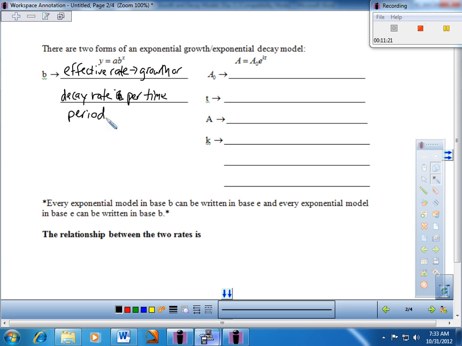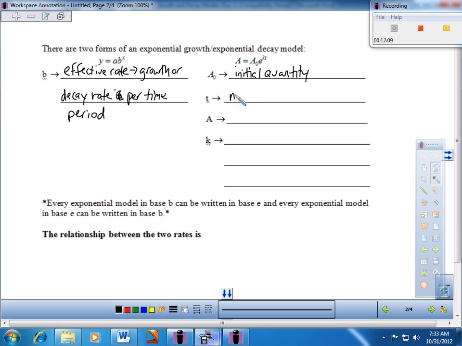Now this base E model works really nicely. There's a lot of good algebra that goes with this, and it can work nicely on your calculator with the natural logarithm and so forth. But you'll see the matchup here. Just because it looks a little different, we want to be clear on what each part represents. Here's what I have. That A sub 0 is just what's called the initial amount, or the initial quantity.